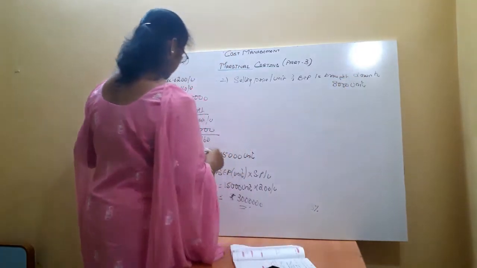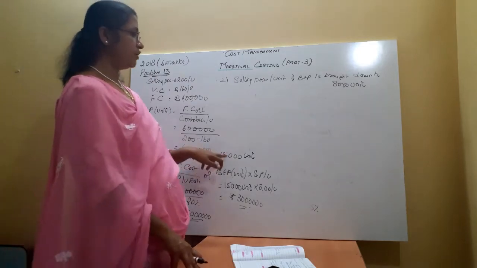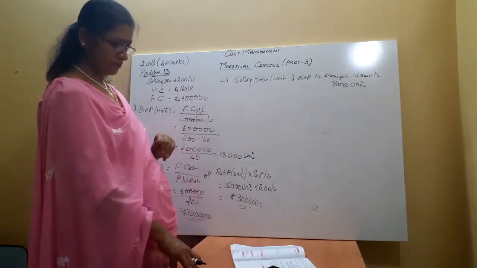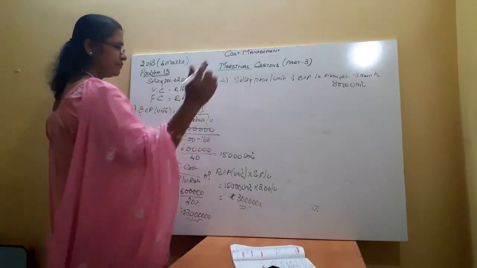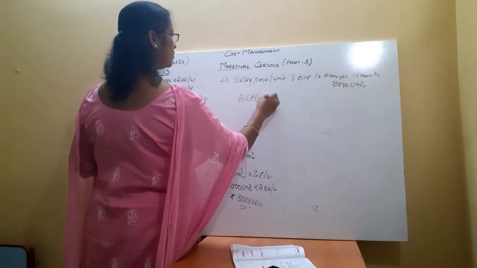Here, see, the BEP units is 15,000. So he is asking us to find, if the BEP units is brought down to 8,000, what would be your selling price? Because he has given you BEP in units, we will take that formula only.